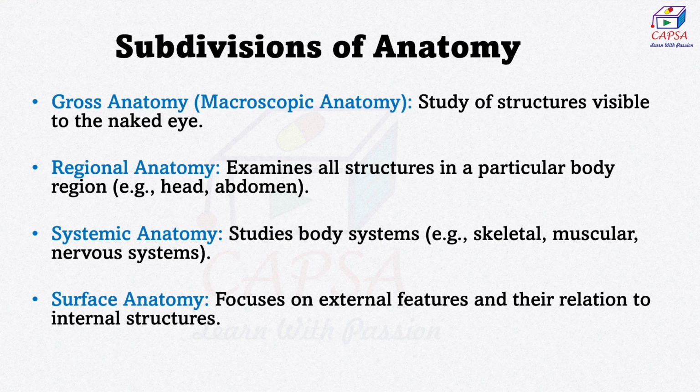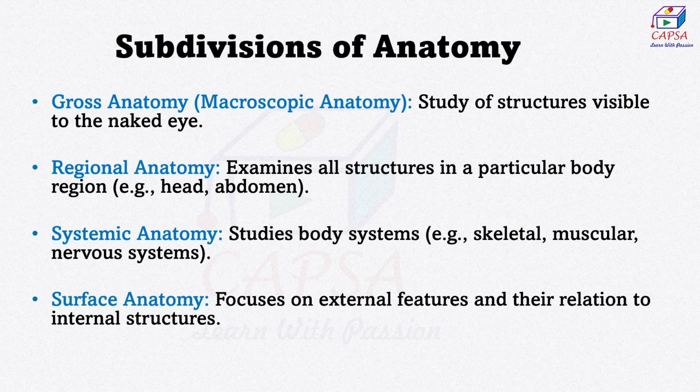Anatomy can be broadly categorized into several subdivisions. First, we have gross anatomy, also known as macroscopic anatomy, which is the study of the structures that are visible to the naked eye. Within gross anatomy, regional anatomy focuses on all structures found within a specific body region, such as the head or the abdomen.